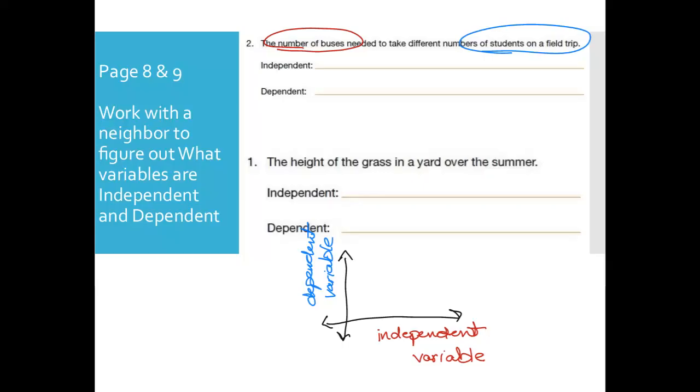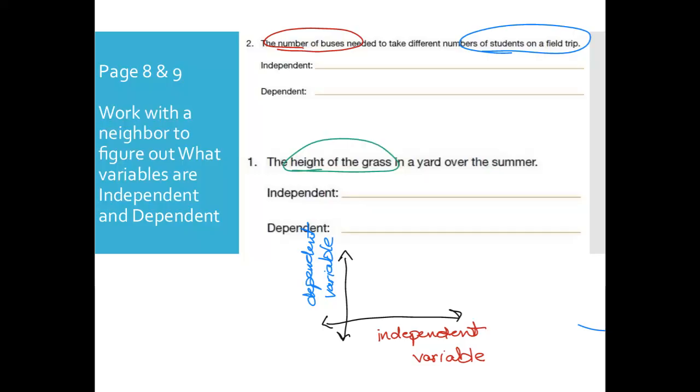I got it. And if you get that one, go to the next one. The height of the grass in a yard over summer. Actually, let's figure out what the variables are here, because this one is probably one of the hardest ones. It was for me, but maybe you'll get it. What's one of the variables there? The height of the grass. And what's the other variable? Yard. What about the yard? Yard over the summer. What about the yard over the summer?